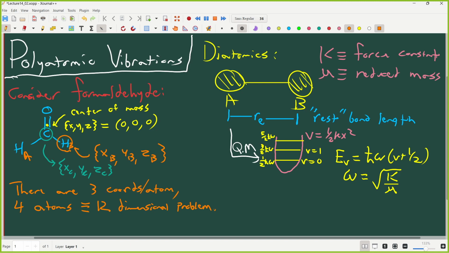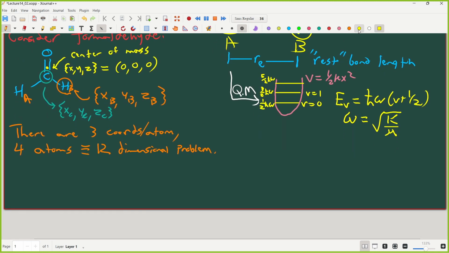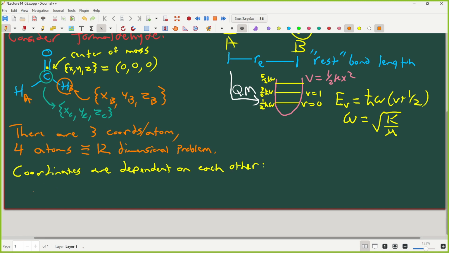Let me give you an example. These coordinates are dependent on each other. For instance, imagine I took my formaldehyde molecule, and I stretch a CH bond.